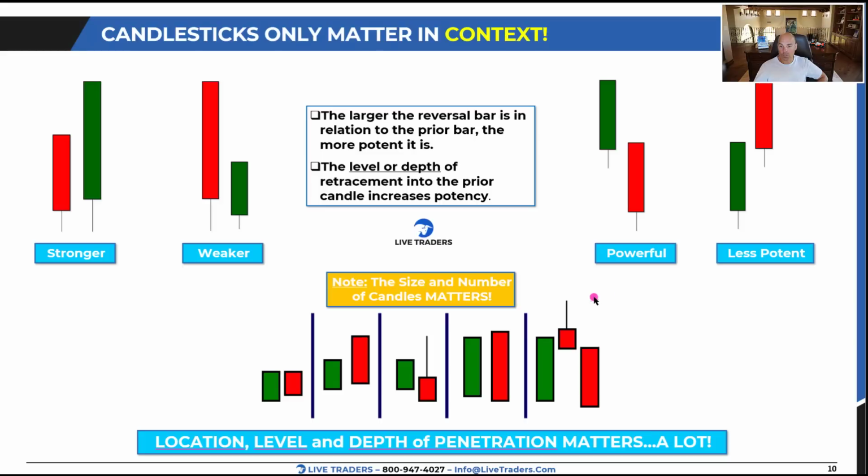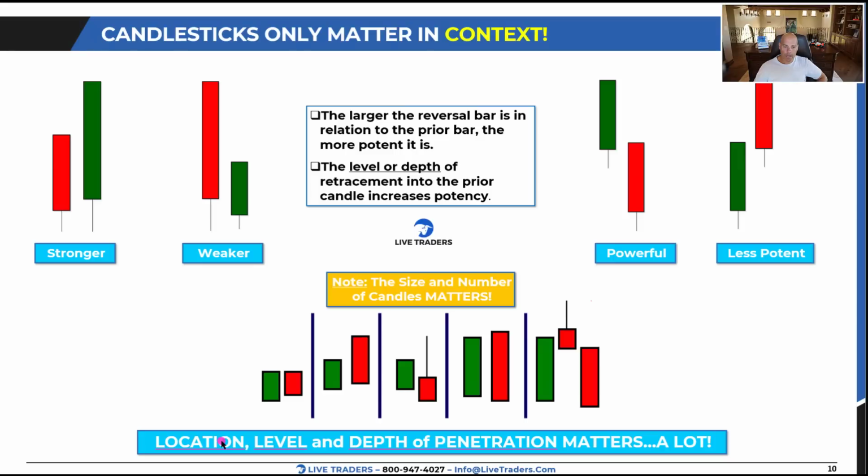If you have a bar that's $2 versus a bar that's 20 cents, you've taken out $2 worth of buyers versus only 20 cents worth of buyers. Theoretically, it's not 100% true, but theoretically, there are more buyers in a $2 range than in a 20-cent range. Now, does that play fair all the time? No. You could have more buyers in a 20-cent range than a $2 range, but more often than not, most of the time, that holds to be true.